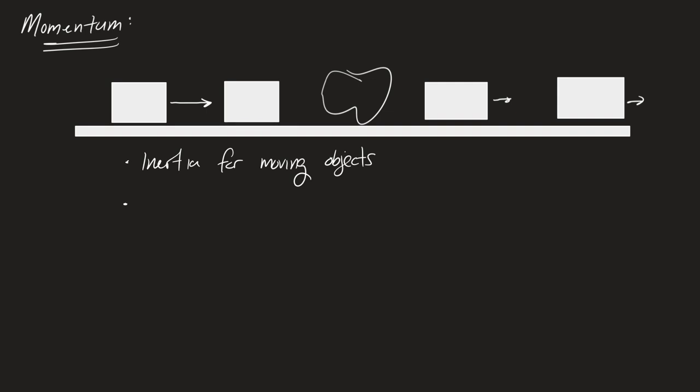Giving something velocity makes the object more difficult to change. It's harder to change its motion. It has momentum. So inertia isn't enough. Momentum is a bigger picture of an object's total inertia.